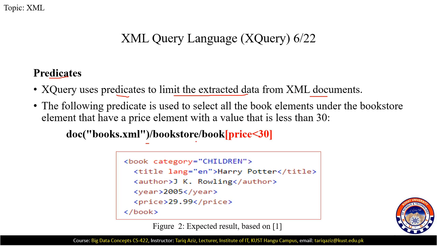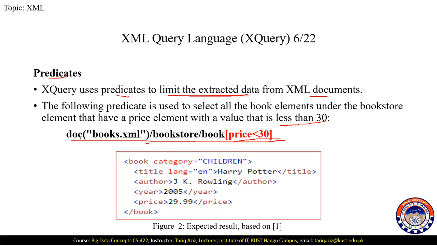In this case, we want the books whose prices are less than 30. So I am basically limiting the extracted data. I just want those books whose prices are less than 30. So this is the query. This whole statement is our query now.